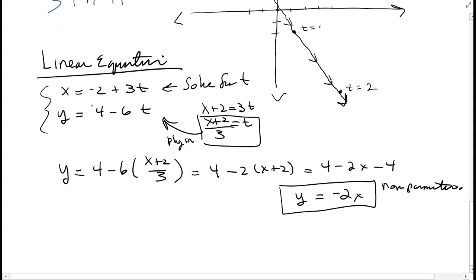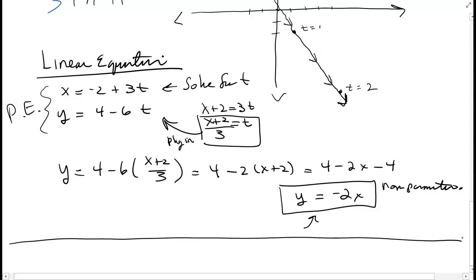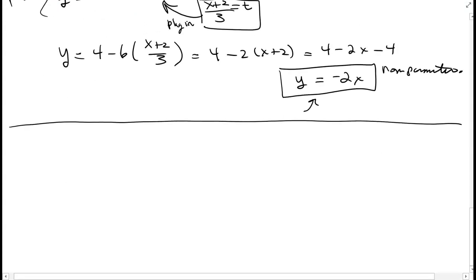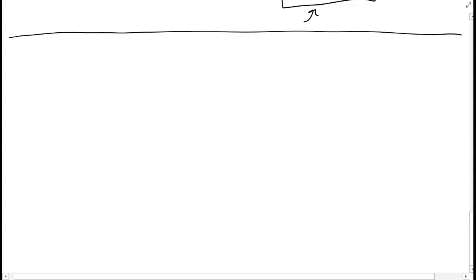All right, so this is the parametric equation representation of y equals negative 2x. Here's the thing, as will become really clear in the next example. There are many, many ways to use parametric equations to represent y equals negative 2x. So let's take a look at a second example dealing with linear, and then we'll do an example with nonlinear.